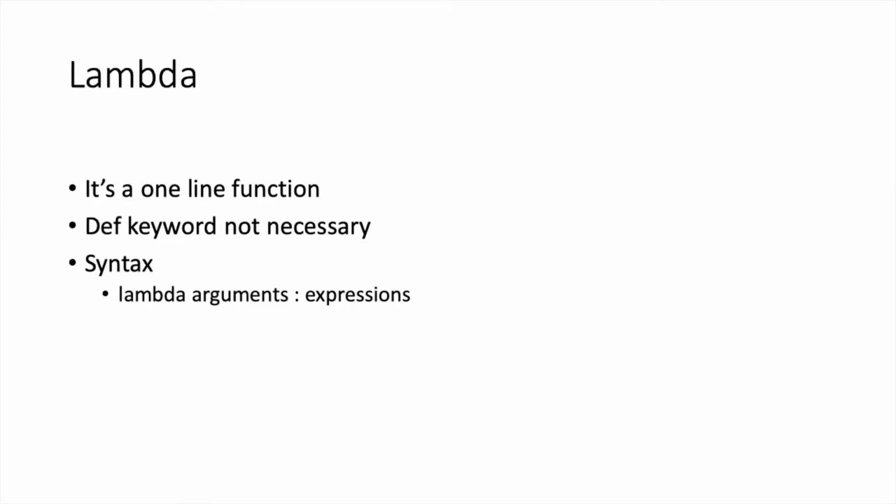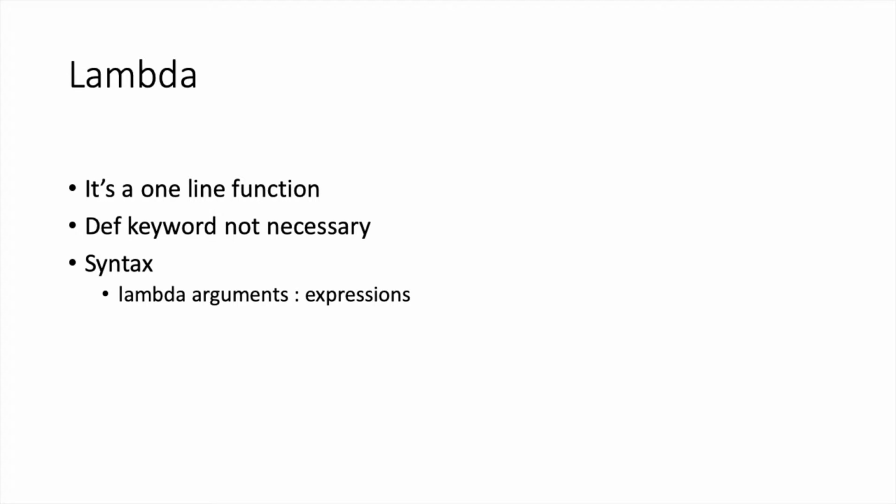We will see how those anonymous functions can be used and what are the other simple functions that can be used as a part of anonymous function. First, this lambda. We call this an anonymous function or lambda function because we use this lambda keyword. A lambda function is a one line function, that is, a function can be defined in one line, not more than that.